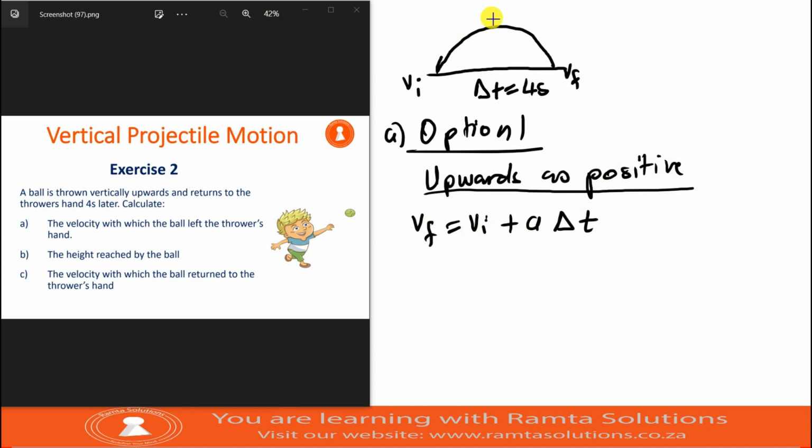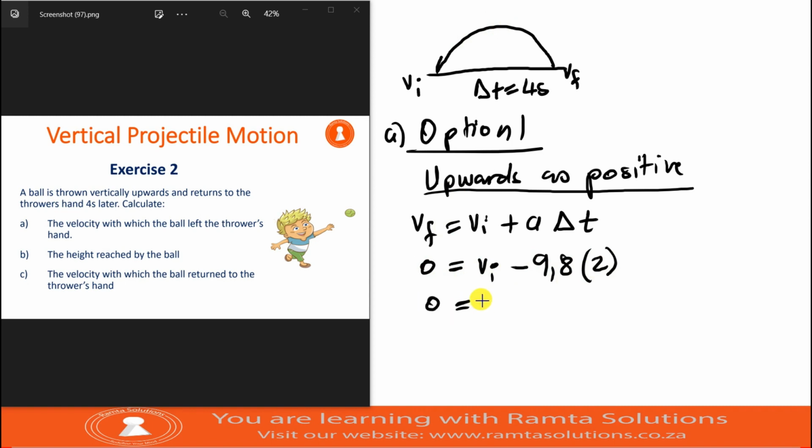What is our final velocity? At maximum height, the velocity is 0. Now, what is the initial velocity? We do not know. Upwards is positive, and because gravitational acceleration is a downwards motion, it will be negative 9.8. And the time taken to reach maximum height was 2.